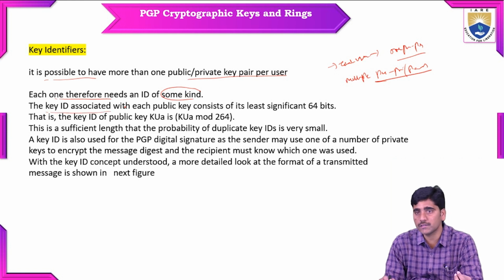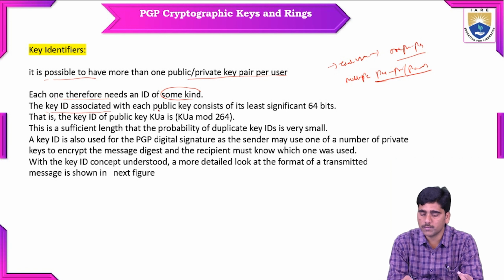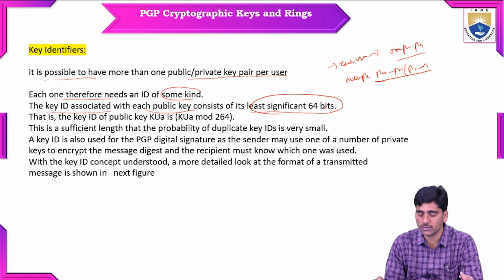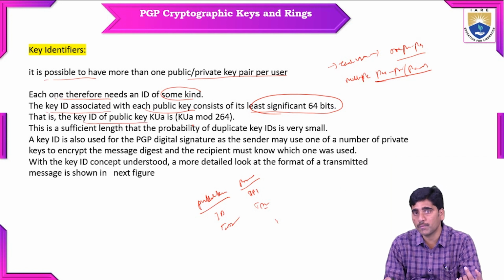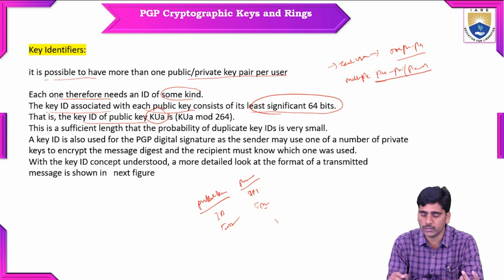The key ID associated with each public key consists of the least significant 64 bits. So if a public key is generated, then it has ID 1, ID 2, ID 3. Similarly, for a generated private key it has ID 1, ID 2, like that. So it has to maintain a separate record of files. The key ID of the public key KUA, the user A's public key, is KUA mod 2^64.